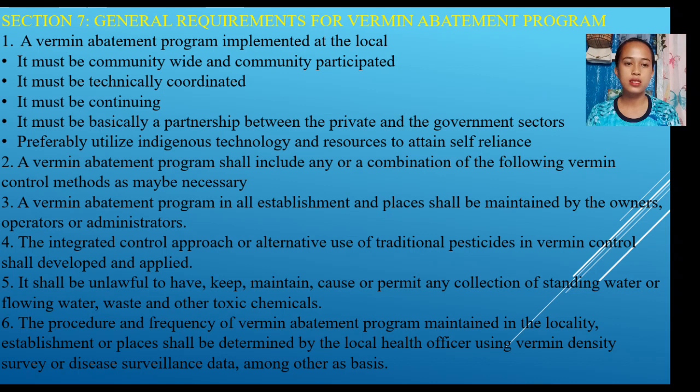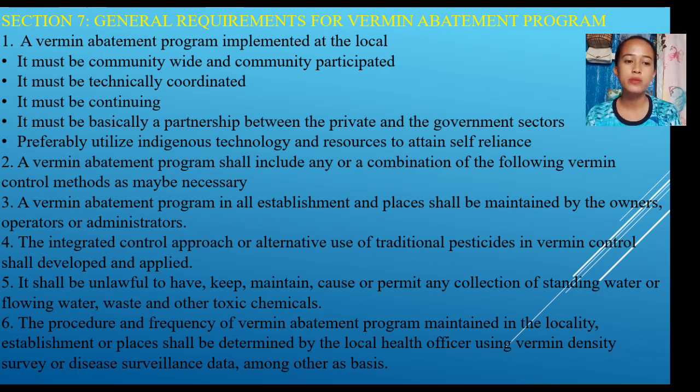Next, a vermin abatement program shall include any or a combination of the following vermin control methods as may be necessary. The first reporter, Solis, will discuss the vermin control methods.